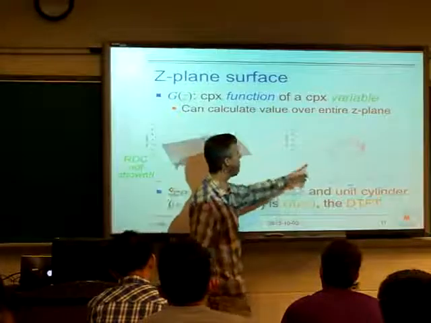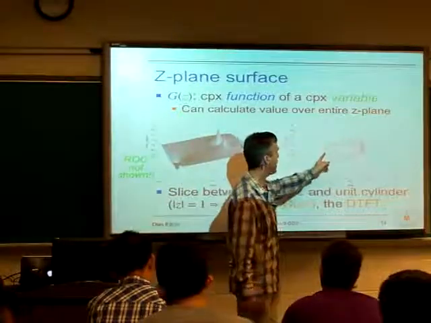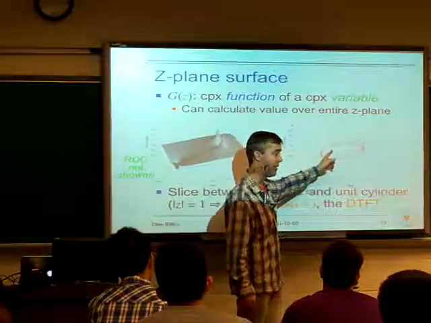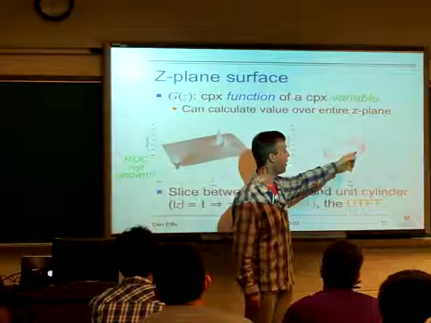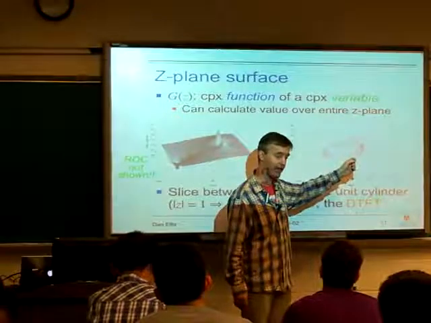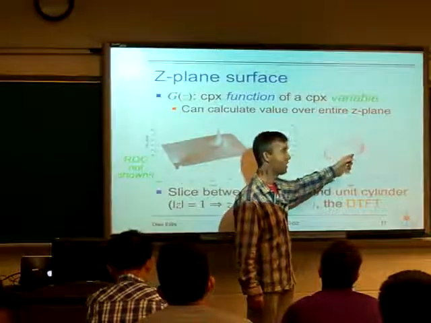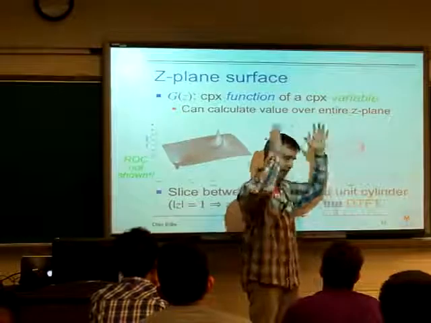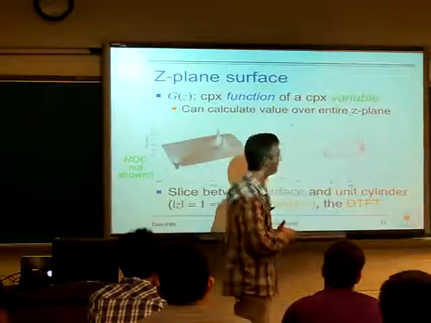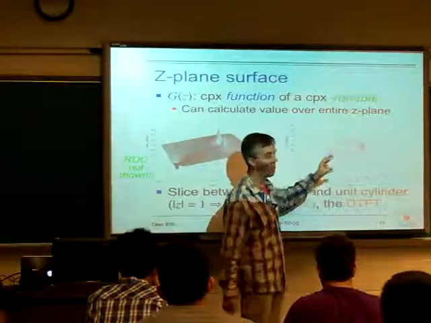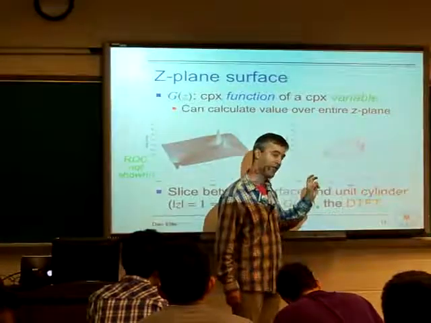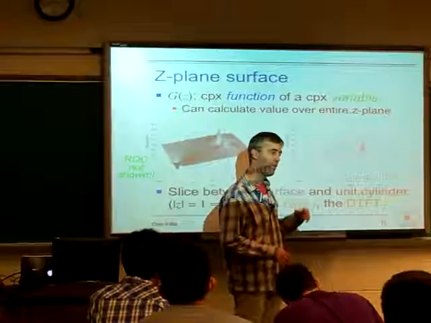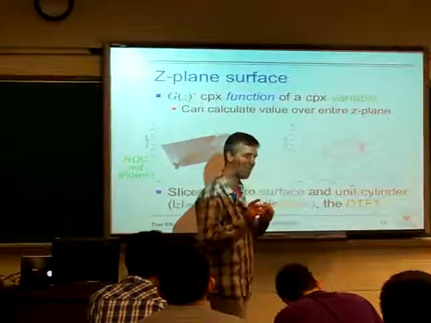And so here I want to take x of z for z equals e to the j omega. I want that to be the actual values of x of z. This is only going to work if my unit circle is in my region of convergence, because otherwise when I actually evaluate x of z, I just get these blown up values, right? So this relies on the idea that the unit circle is within the region of convergence. We'll talk about that more in a second, but thank you for pointing that out.